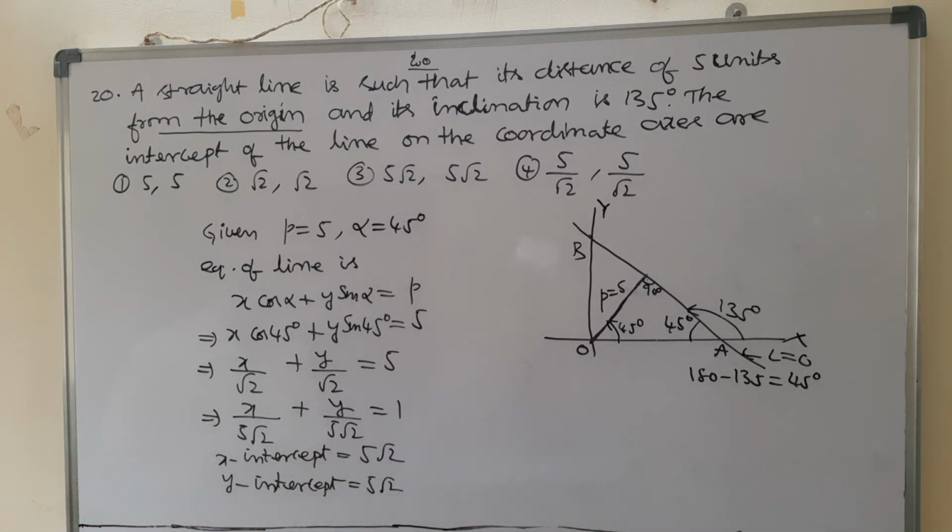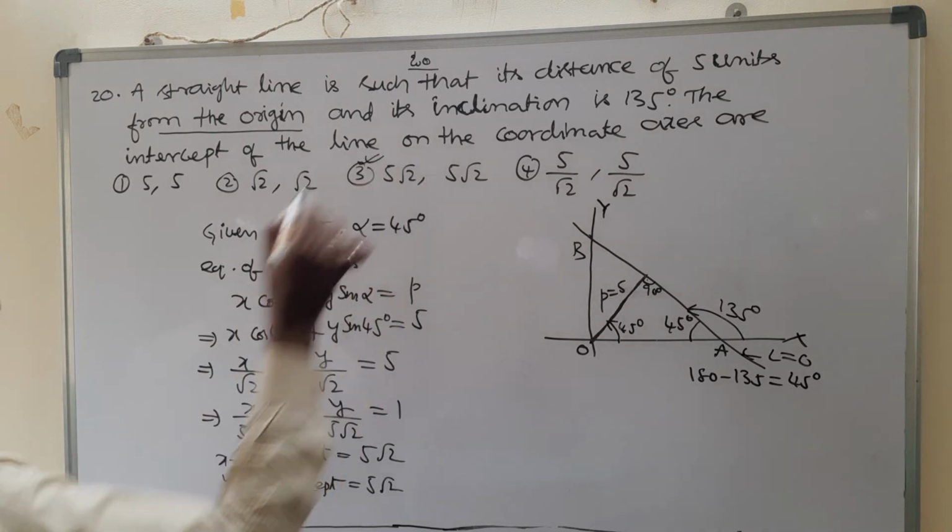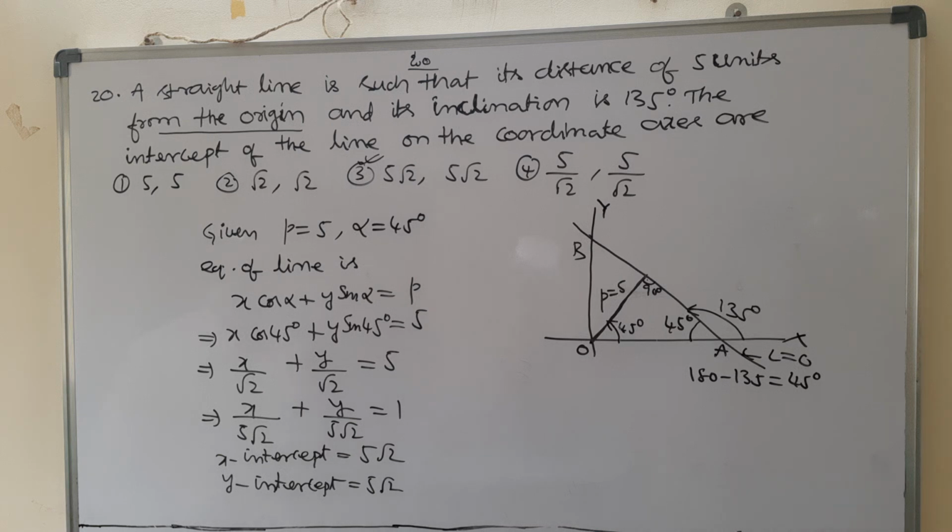Here the x-intercept is 5 root 2, the y-intercept is 5 root 2. The correct answer is the third option.